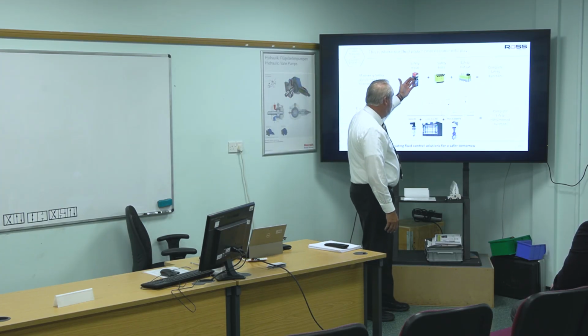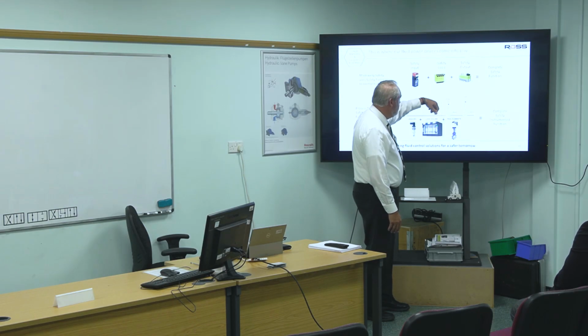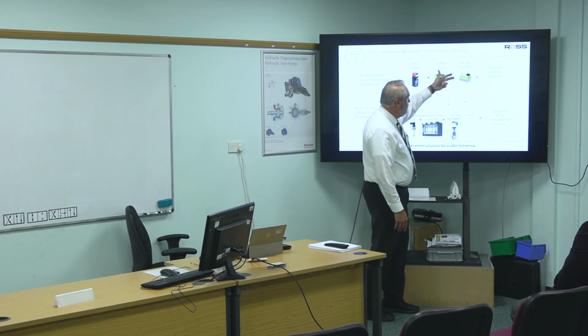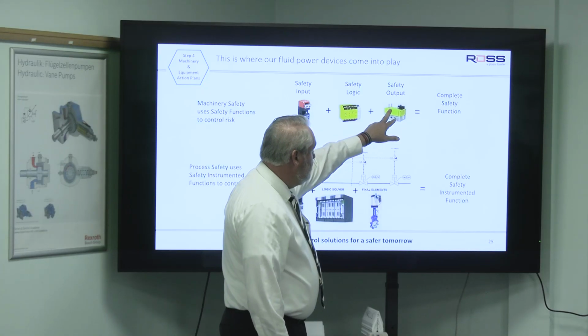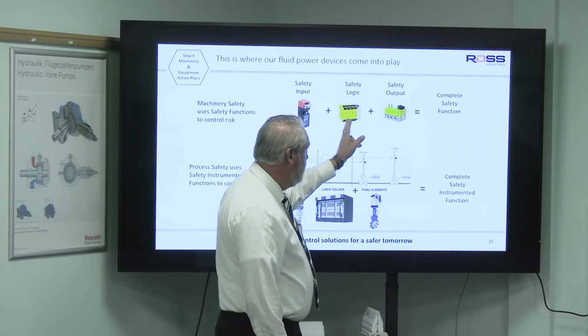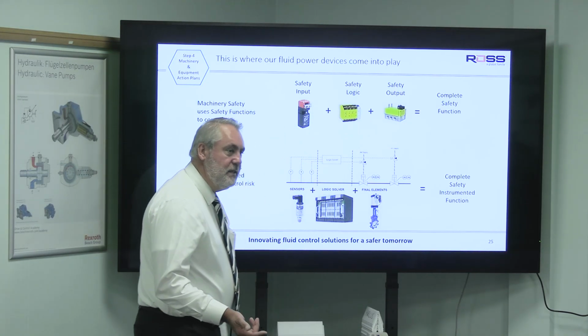In the machine safety side, a lot of times you got a single sensor, but it's dual channel. And that dual channel is going to the safety logic device, that input signal, controlling a redundant safety output device. That safety output device also has feedback that tells us that it actually achieved its safe state.